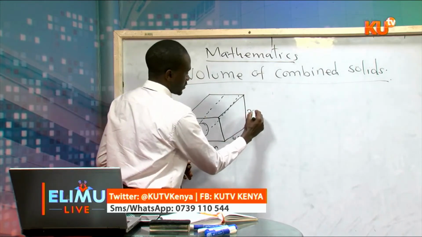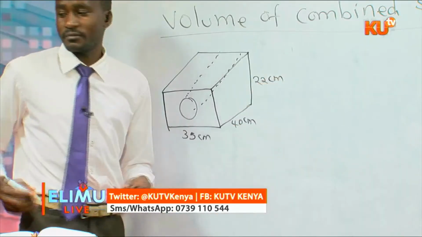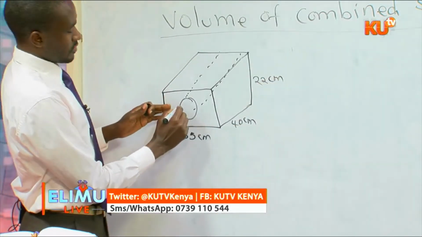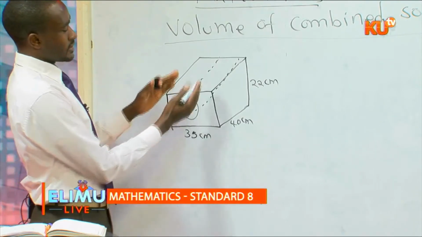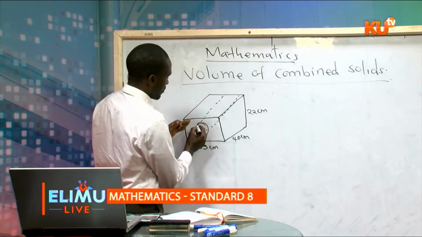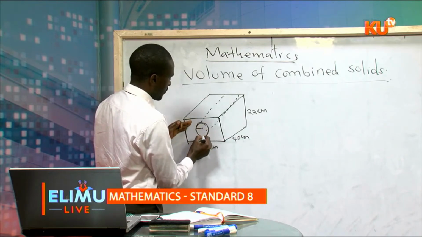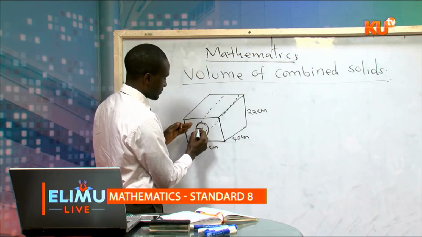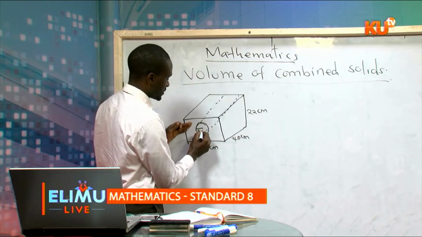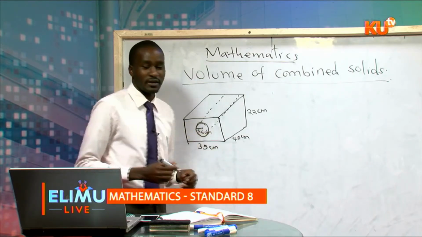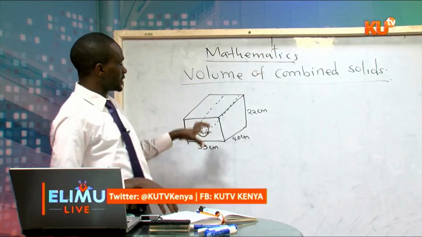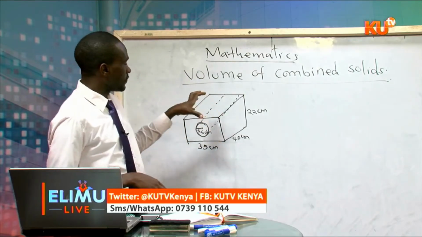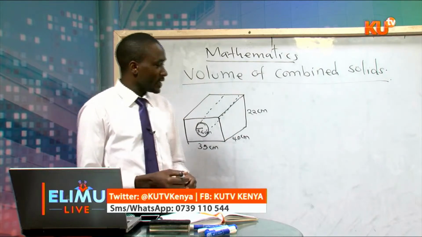And this one here is 22 centimeter. The radius of the circle of the cylinder is 5.6 centimeter.